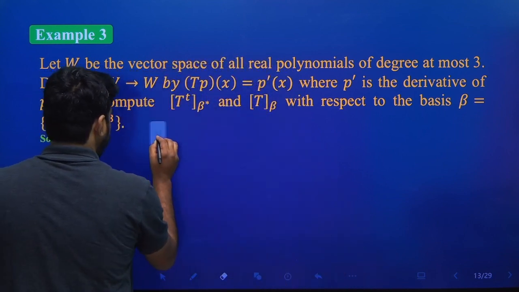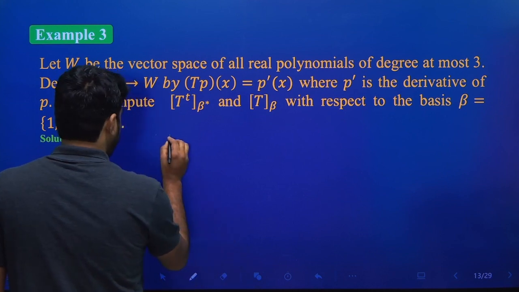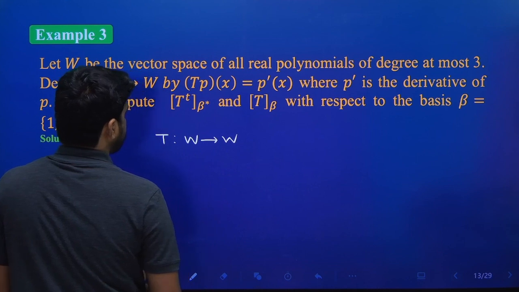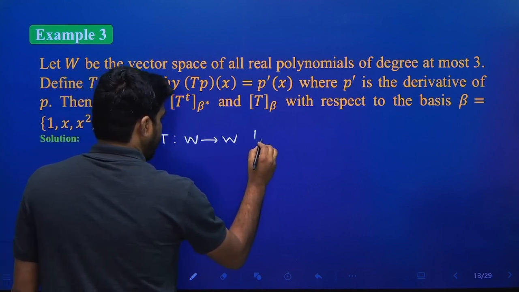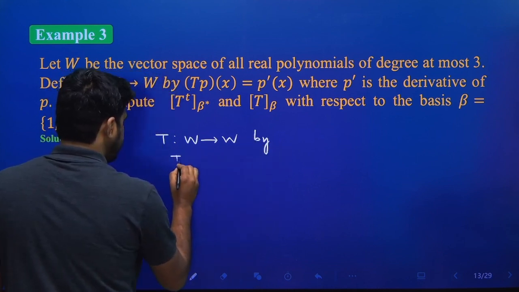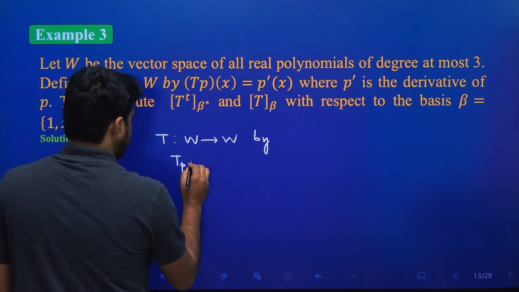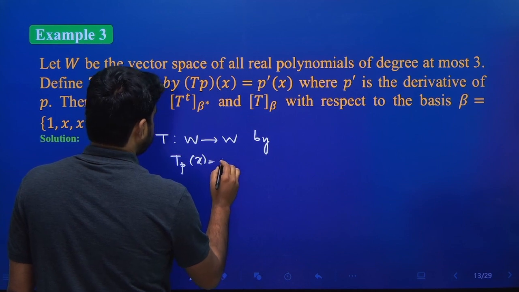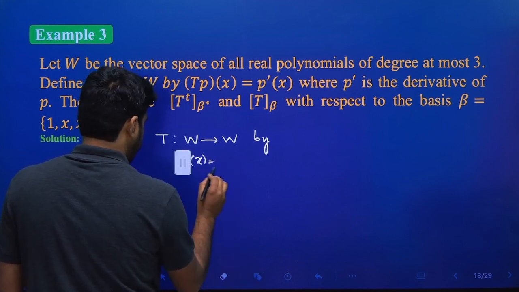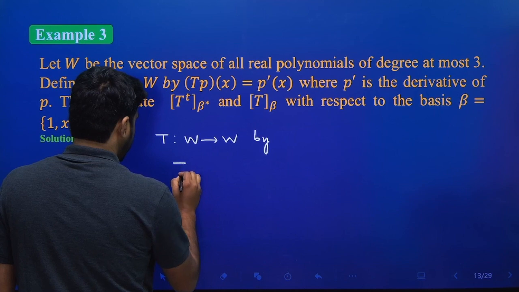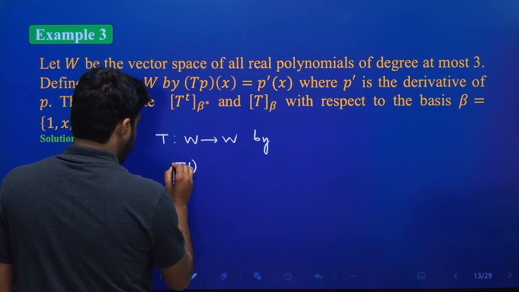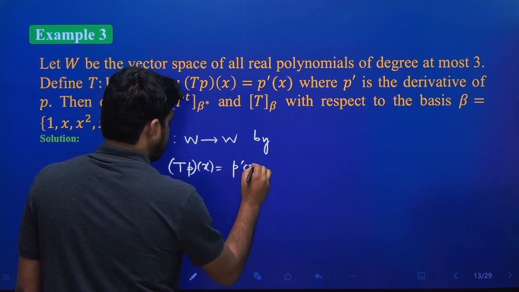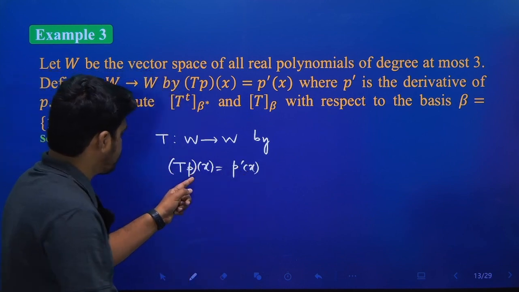T is a mapping from W to W, and it is defined by T(p(x)) equal to p dash x, right? T(p(x)) is equal to p dash x. Just see this notation, T(p(x)), that is basically this.